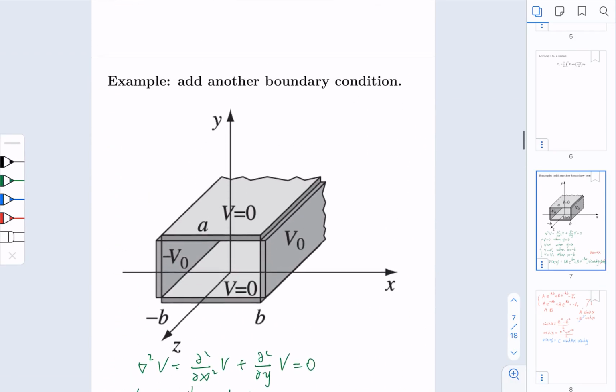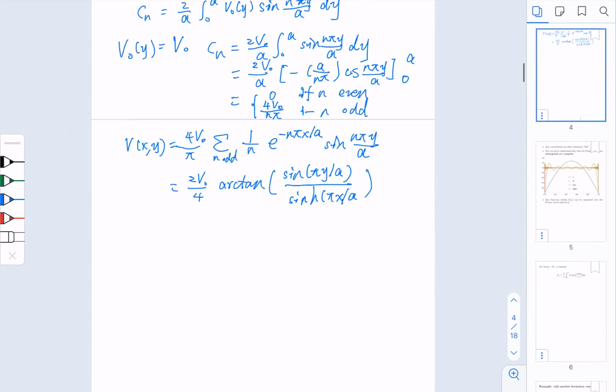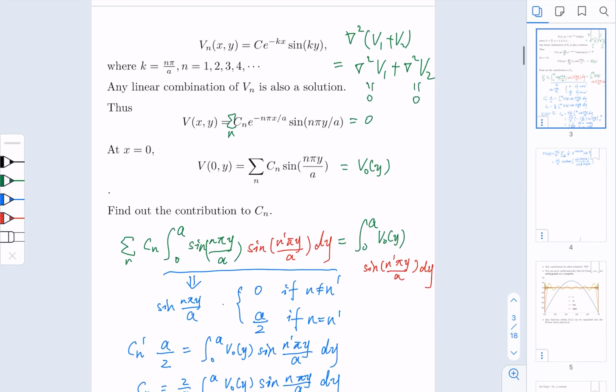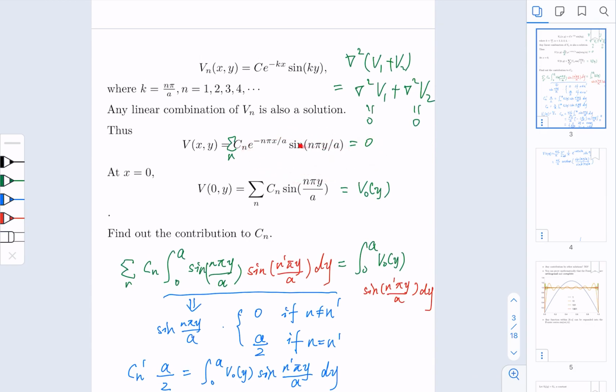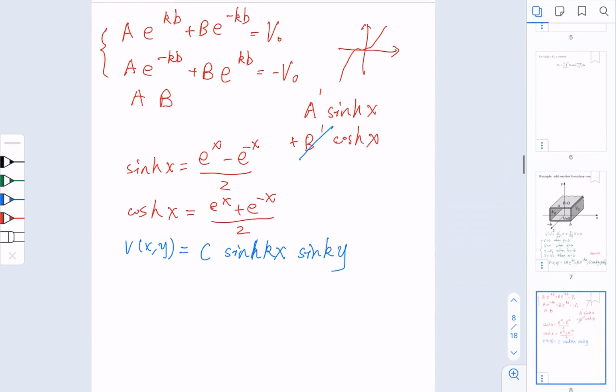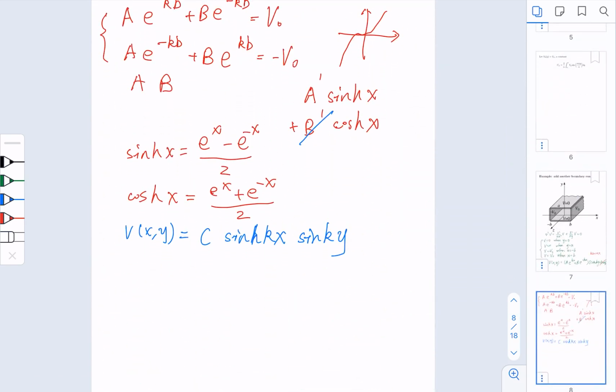But if you compare it with the expressions above, you can see that they share the same spirit. Previously it's an exponential function along one direction and a sine function on the other direction. And right now this function is a sinh function in the x direction and a sine function in the y direction. So sinh is simply a linear combination of the exponential of x and the exponential of minus x.